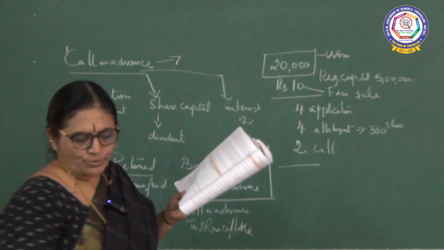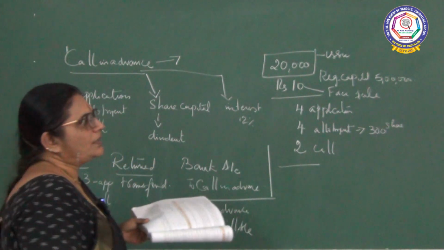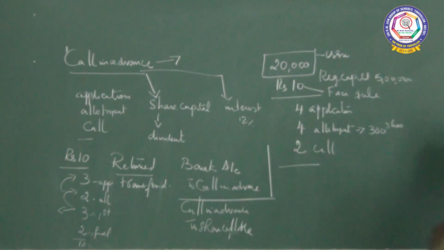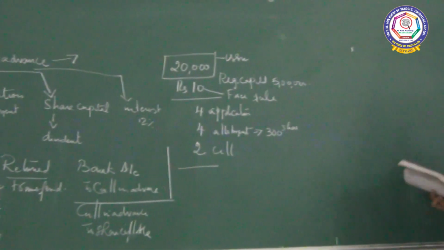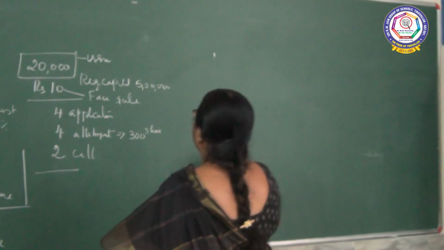Now how are you going to do this problem? Listen, we'll start the problem. What are the journal entries you are going to pass? Now you have all the details on the board. With these details we can easily do the problem.